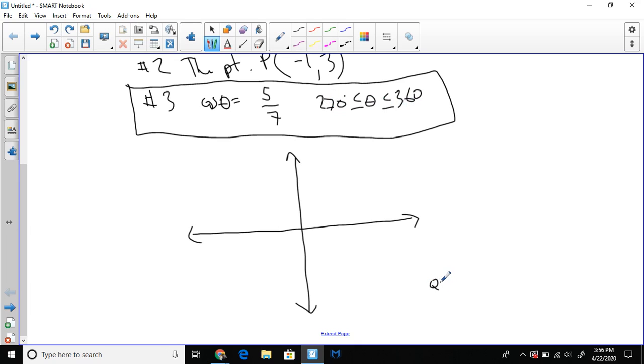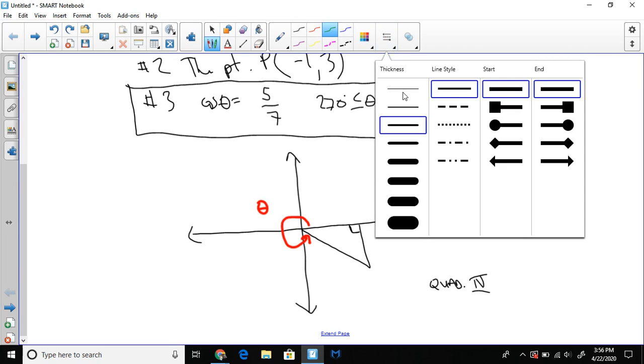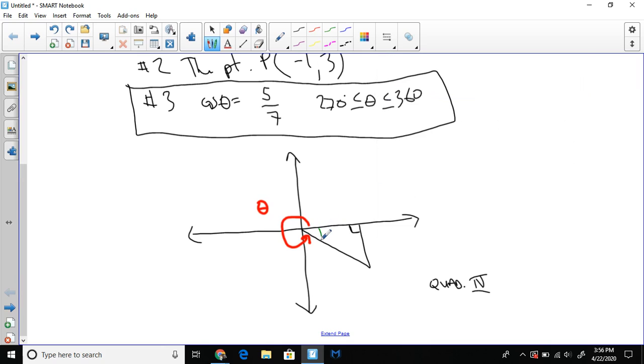Well, this is quadrant 4. Okay, so that means I'm going to have a triangle in this quadrant, so that whole swing is theta. And then in this quadrant, I'm going to have a related acute.